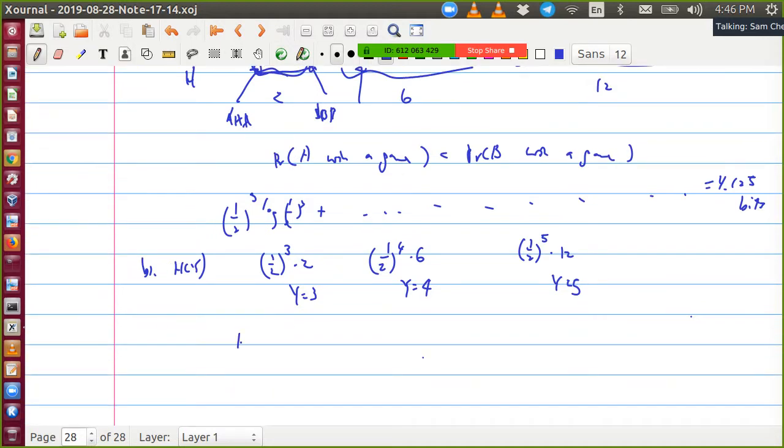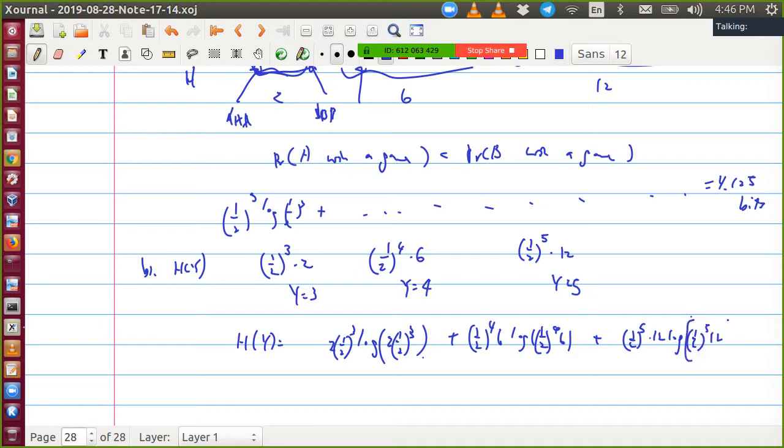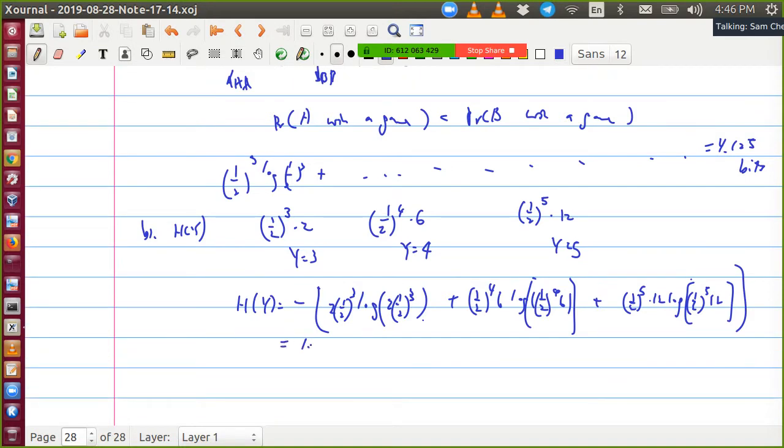So therefore HY would be something like 2 times 1/2 third log 2 1/2 third plus 1/2 to the 4th times 6 log, and 1/2 to the 5th times 12 log. I got confused myself. Something like that, with a minus sign. And if you put it into the calculator or computer, you will get about 1.56 bits.